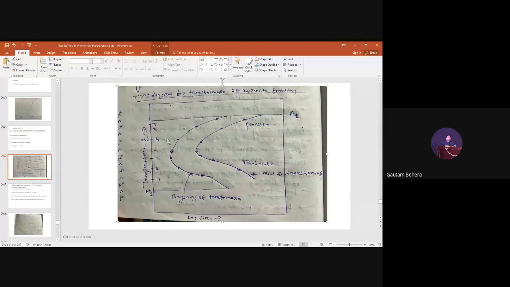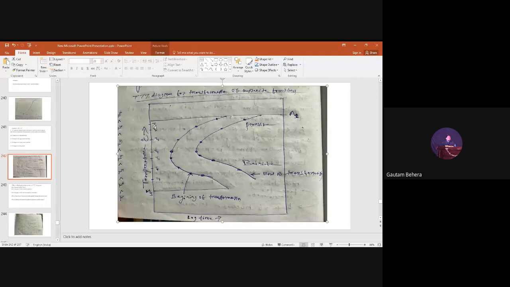So for the justification, you can say like this. When the temperature of transformation is higher, just nearer to the A1 temperature, this one T1 for example, just below the A1 temperature, then at that temperature diffusion is the dominating mechanism.